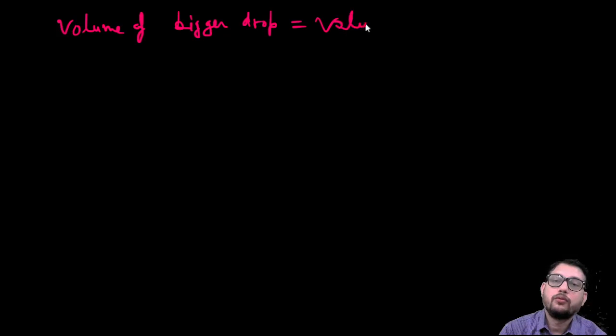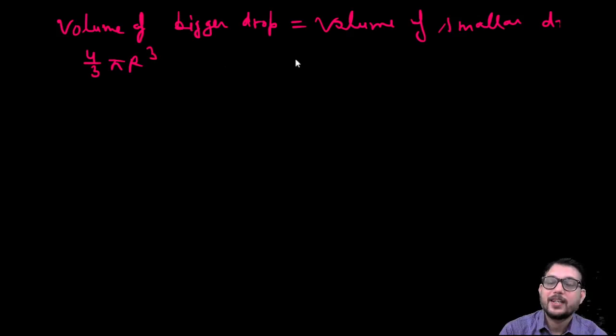We can write that the volume of the bigger drop must be equal to the volume of the smaller drops. The volume of the bigger drop is 4 by 3 pi R cube, this is capital R. And the volume of the smaller drops, there are 1000 droplets. Clear? So small droplets.